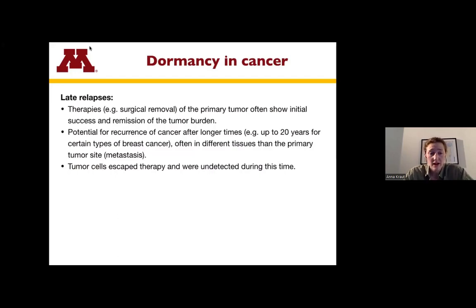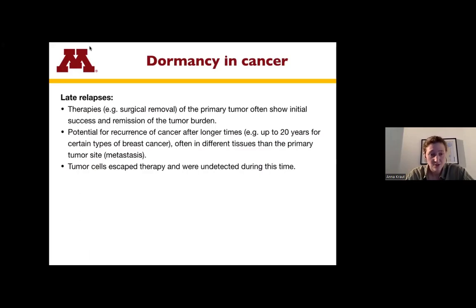But then quite often, after a longer time, and the longer time can be really long in these cases, so for certain types of breast cancers, that can be up to 20 years, where you initially have a therapy success and you think the tumor is gone, but then after a long time, quite often we will see recurrence of cancer and the cancer will grow back, sometimes in its primary tumor site, but often also in different tissues, which is then called a metastasis.